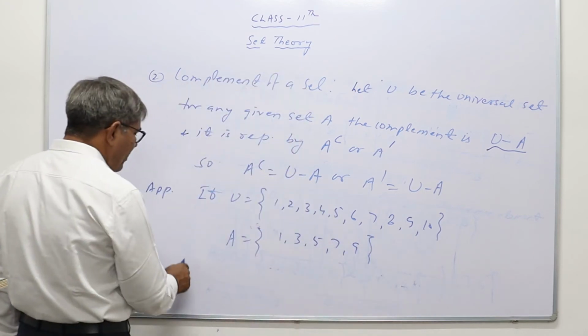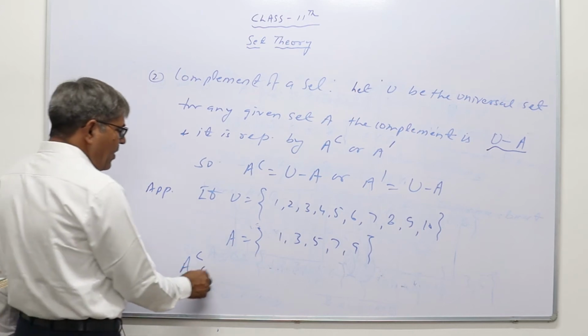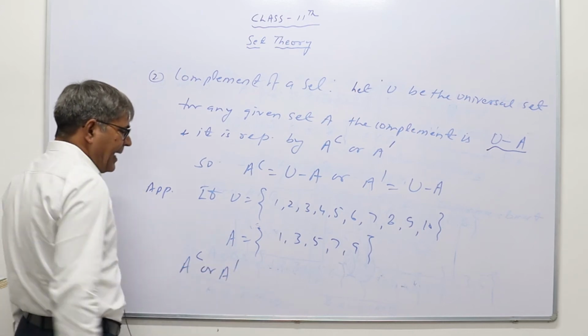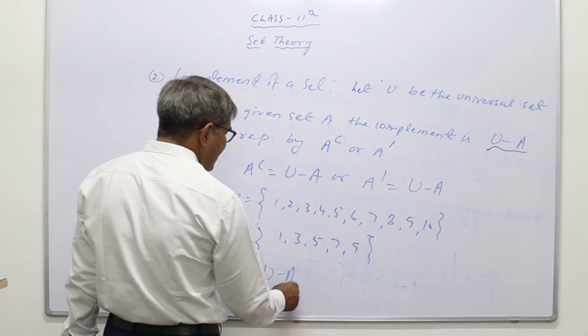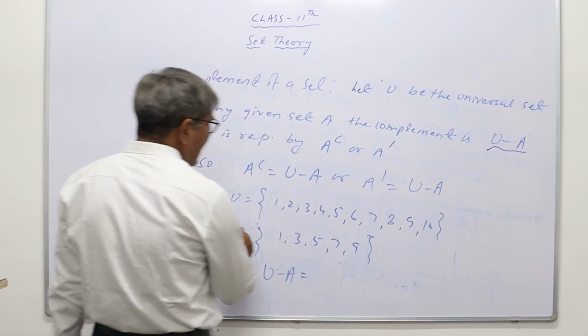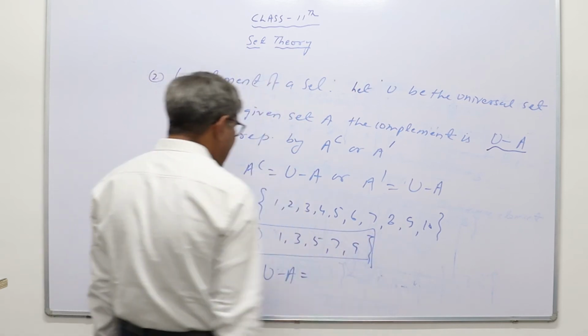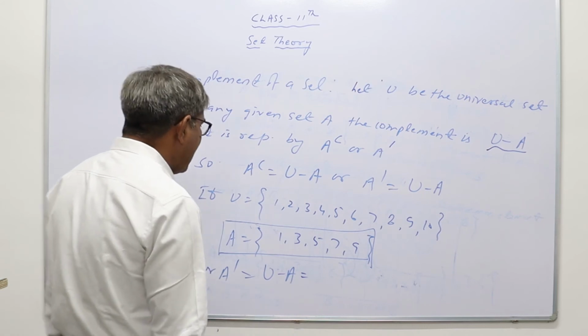Then the complement of set A will be represented by A C or A prime and it is equal to U minus A. That is, directly we have to subtract the elements of the given set from the universal set, so the remaining elements will be known as A complement.